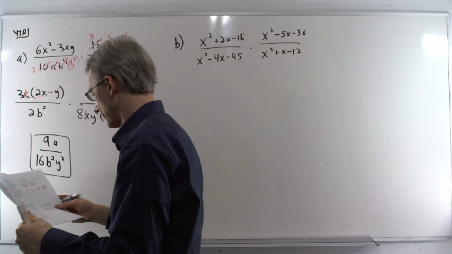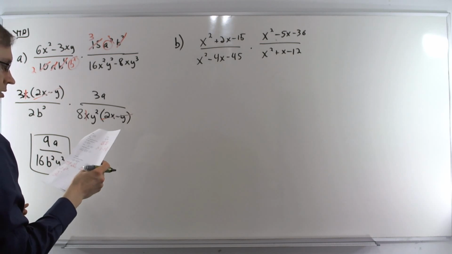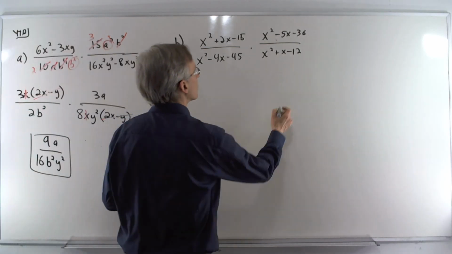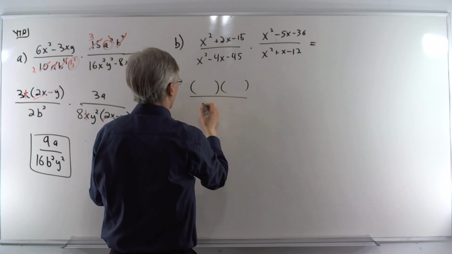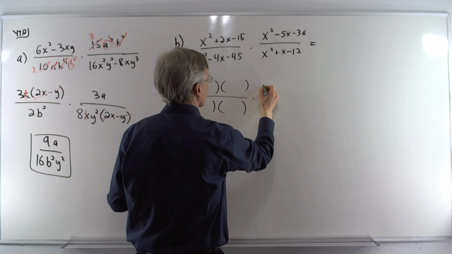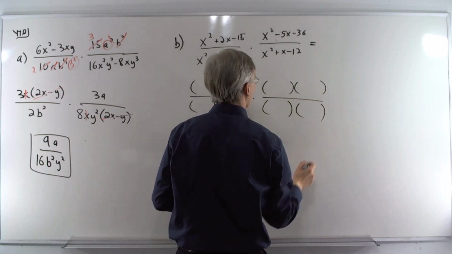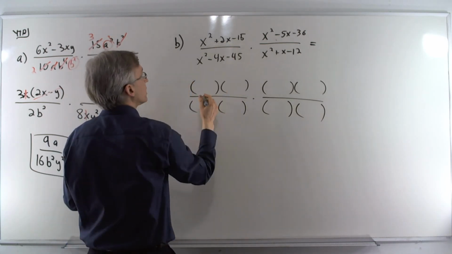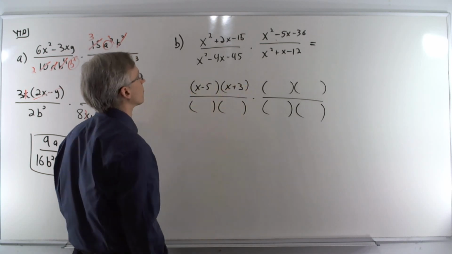So there's your first step, convert to multiplication. So now we're going to factor and cancel. All right, two numbers multiply to get negative 15, add to get 2. It's x minus 5, x plus 3.